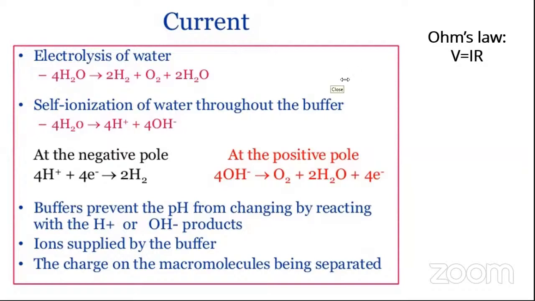Now, the buffer ions which are moving and are responsible for carrying the current to the respective electrodes are going to feel resistance to movement because of what? We have already discussed this, right?